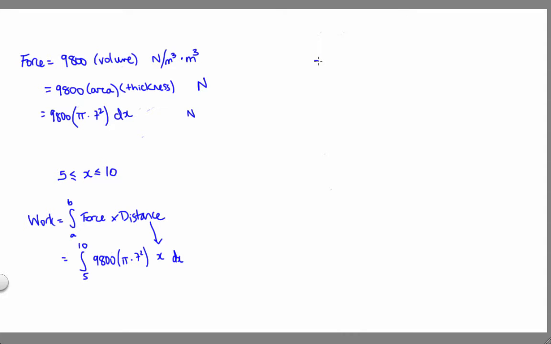So let's calculate our integral. We can move all the constants out in front of the integral. So 9,800 pi times 7 squared can come out in front, and we'll be multiplying that by the integral from 5 to 10 of x with respect to x. Now I'll recopy the constants. Doing our integration, we're getting x squared over 2, and we'll be evaluating that at 10 and then at 5.